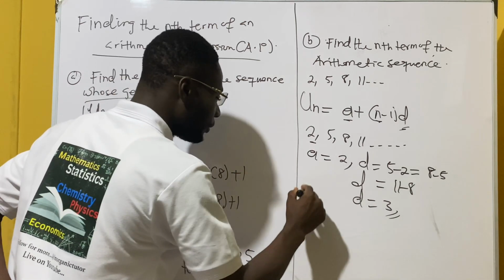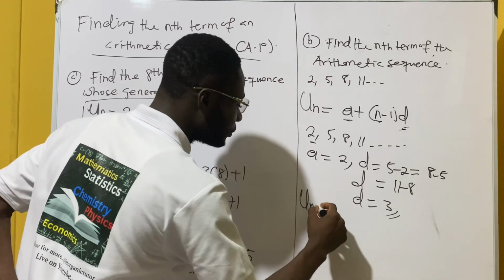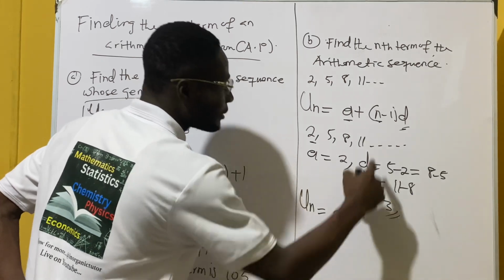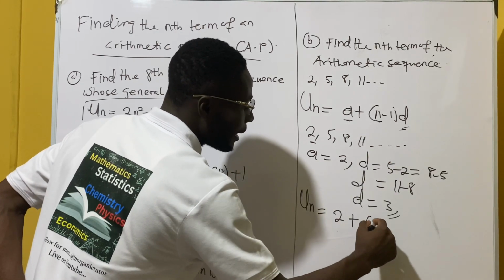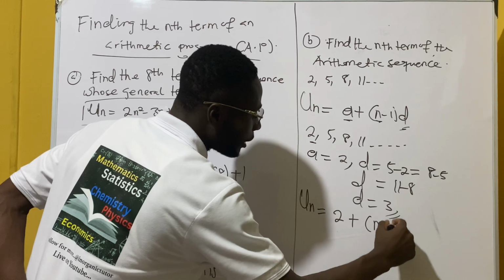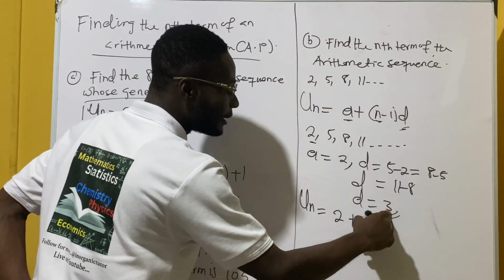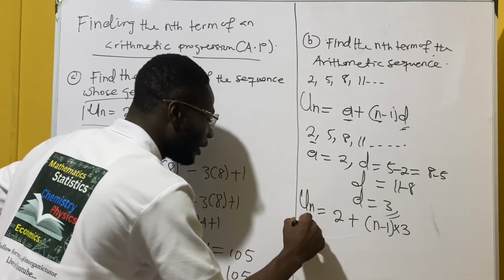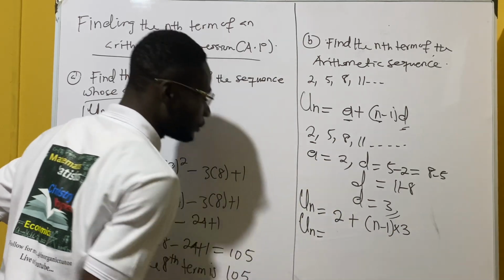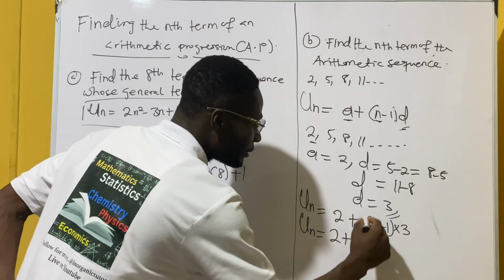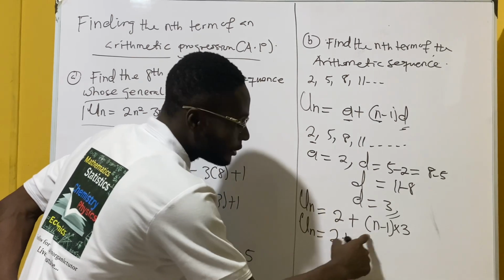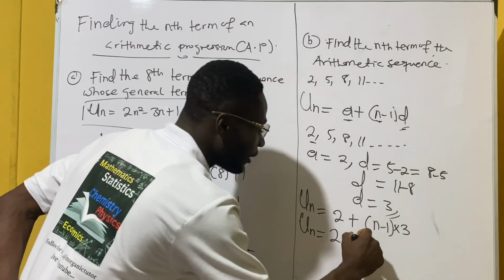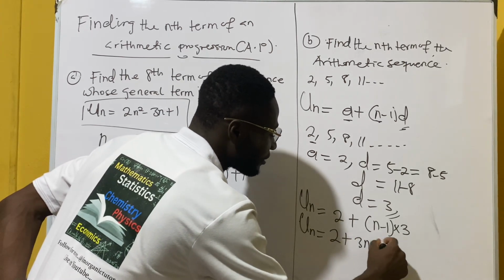Here we have u subscript n equal to our first term, which is 2, plus n minus 1 in brackets times our common difference, which is 3. So u subscript n equals 2 plus, we expand the bracket, distributing the 3 to all the items in the bracket, 3n minus 3.